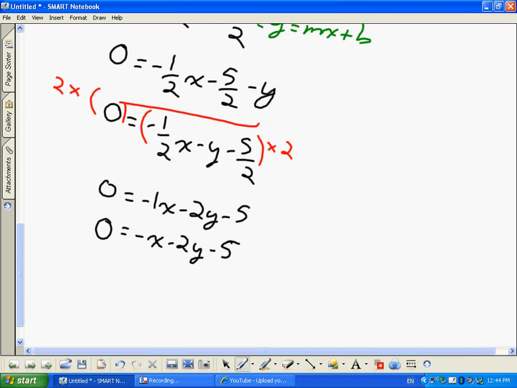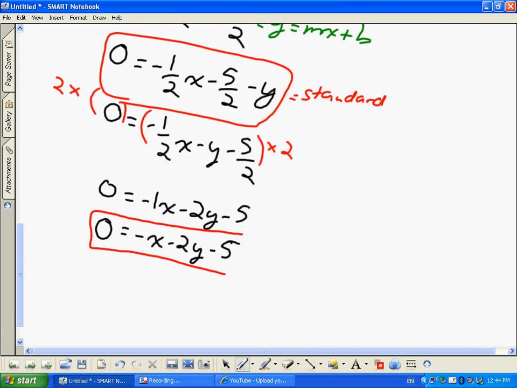So let's clarify. This could be our standard form. And I'm going to make an even nicer one. I don't really like looking at negatives. How can I get rid of all those negatives? Divide by negative 1, or multiply by negative 1.